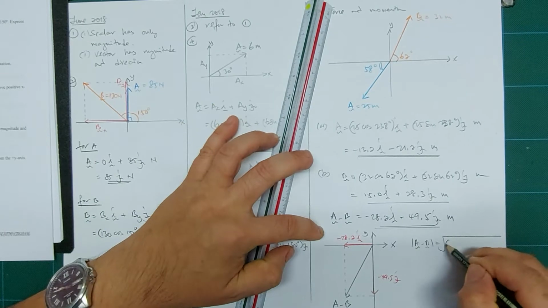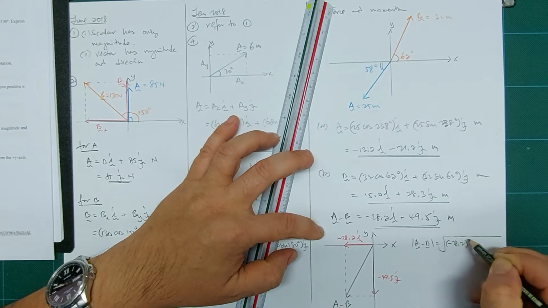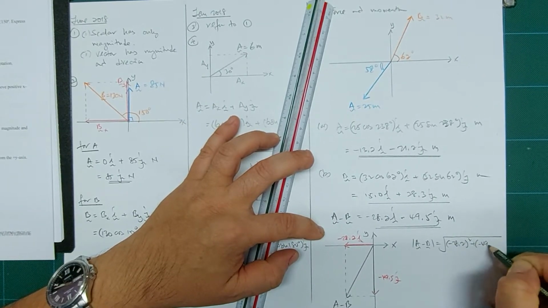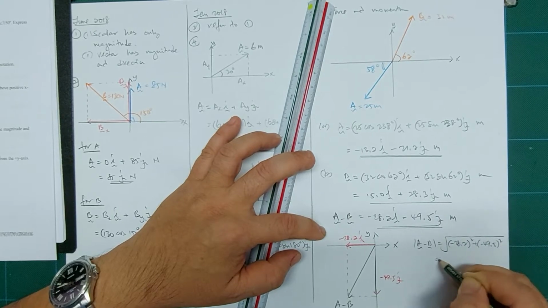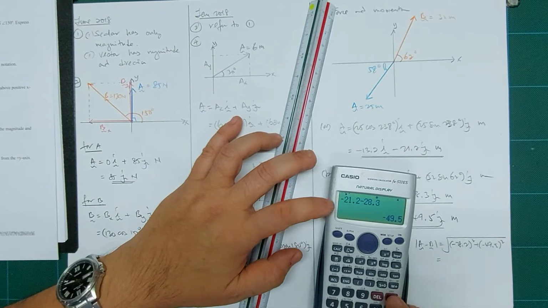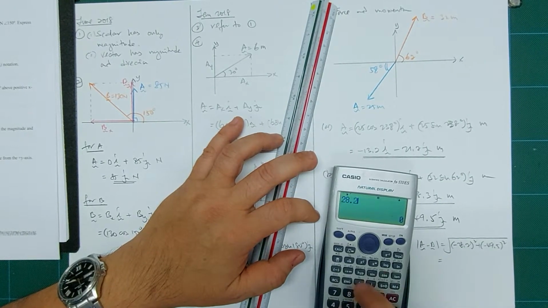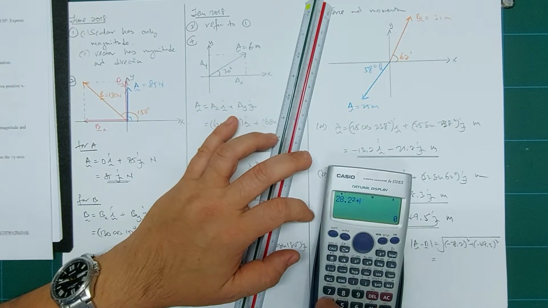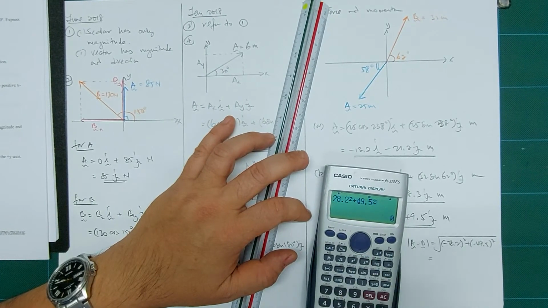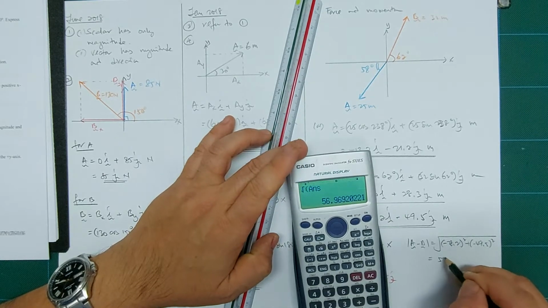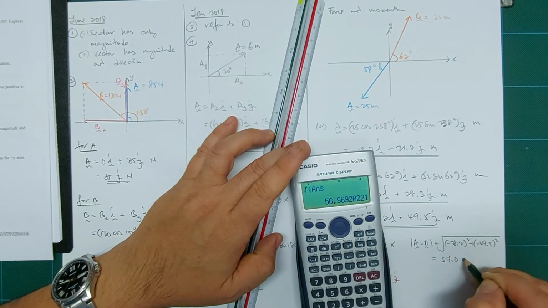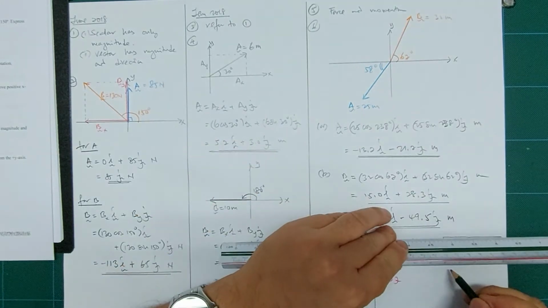So you have negative 28.2 squared plus negative 49.5 squared, and don't forget the square root here. So the answer is 57.0 meter. That is our magnitude.